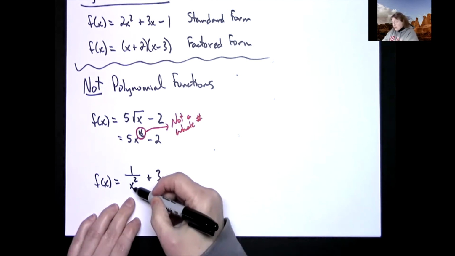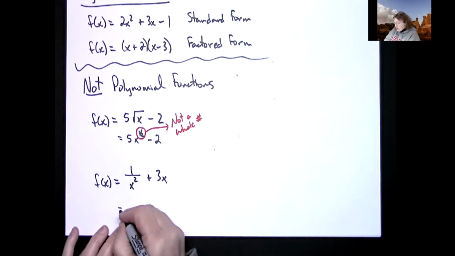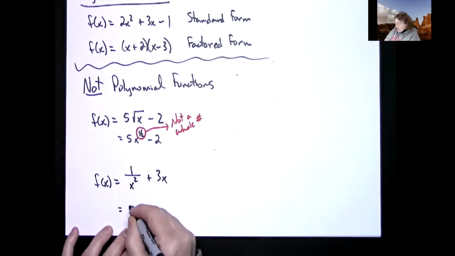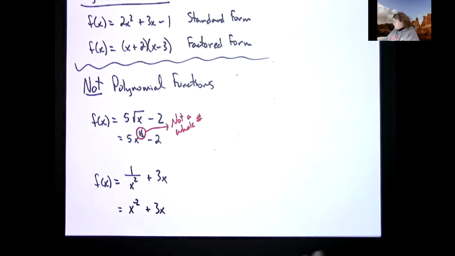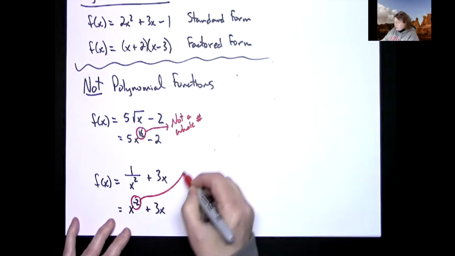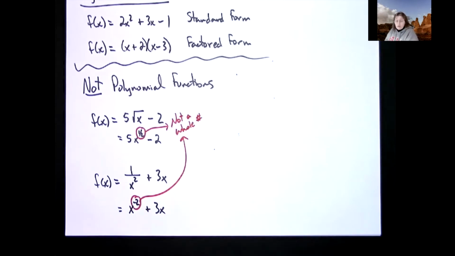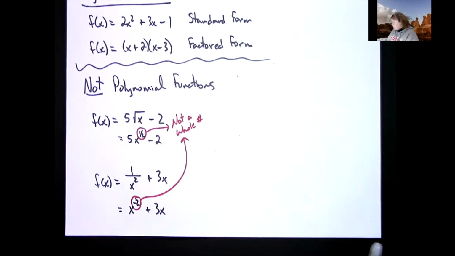If I take an x squared and move it to the top, by the laws of exponents it becomes negative. So I could technically rewrite this as x to the negative 2. As soon as I do that, that negative 2 exponent is not a whole number. So this is not a polynomial function.